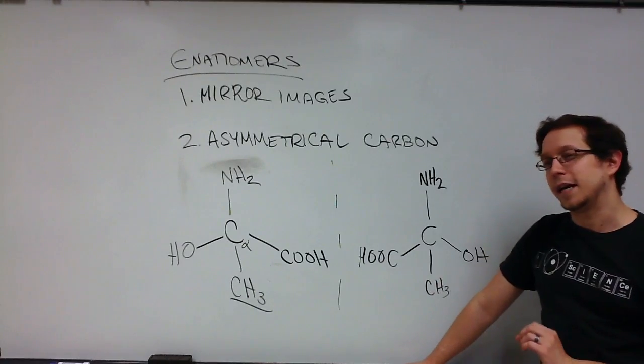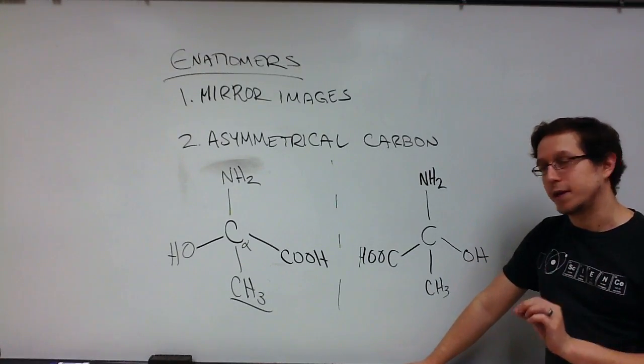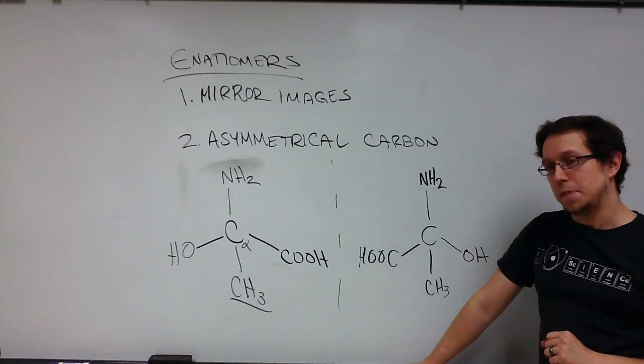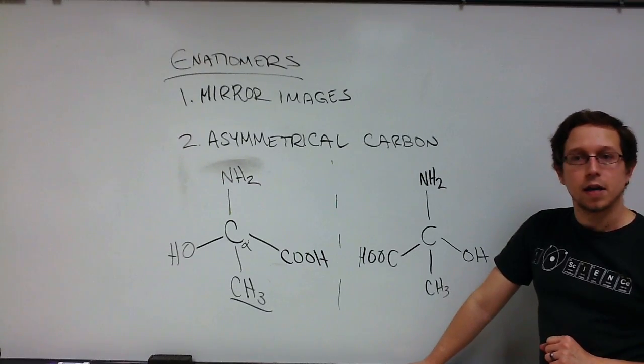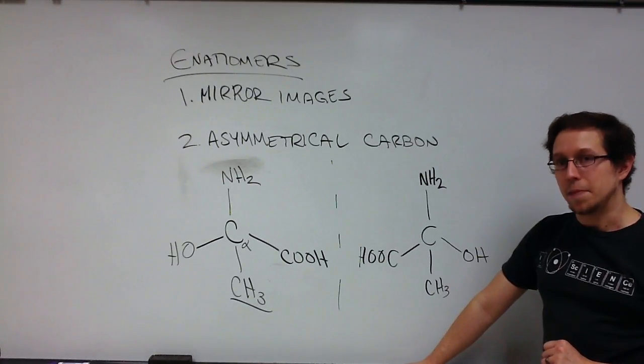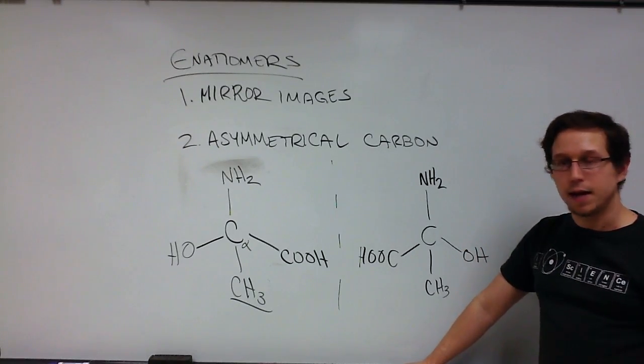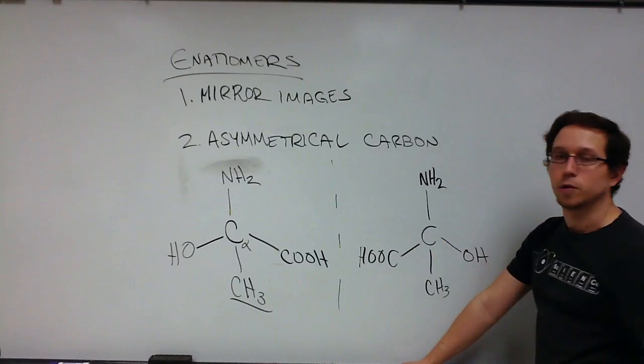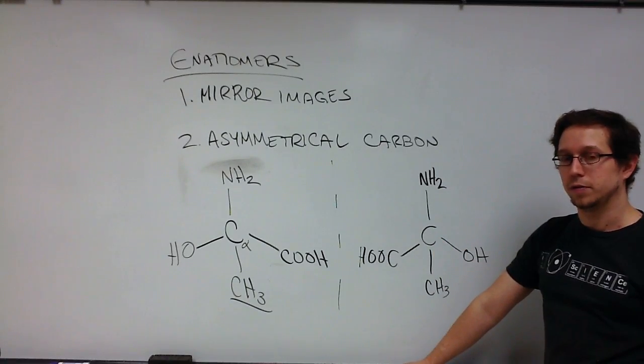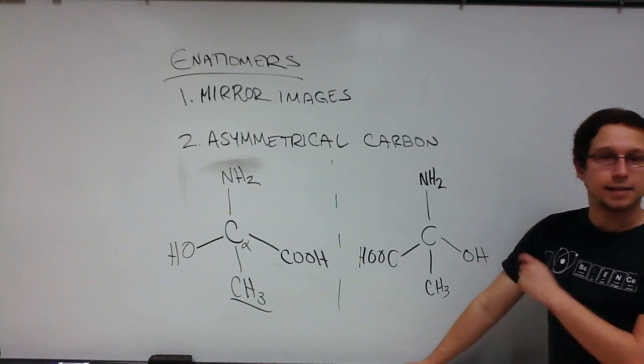And that's what makes them enantiomers. They're not the exact same molecule. They have the exact same units that make them, but they were not by any means the same molecule. And no amount of turning allows me to orient them that way, and that's because of that asymmetrical carbon in the center of the molecule. So that's enantiomers.